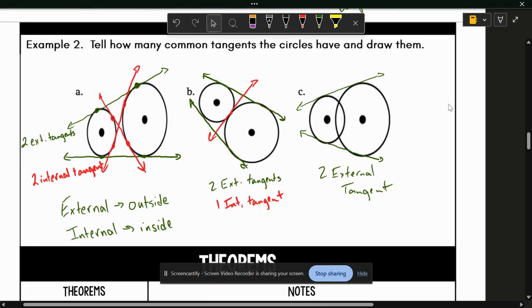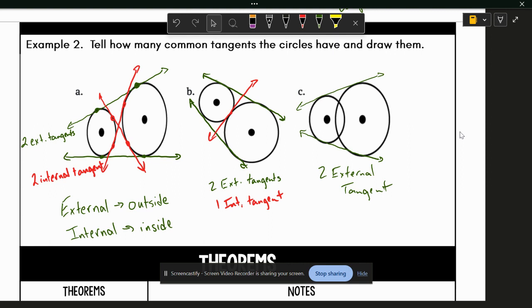So we went through example 2, and I'll pause here for a minute on tangent lines. Tell how many common tangents the circles have and draw them. There are 2 types of tangent lines. One is called external, which lies on the outside. That means you have a line that touches each circle one time, at one point on each circle, and it lies on the outside.